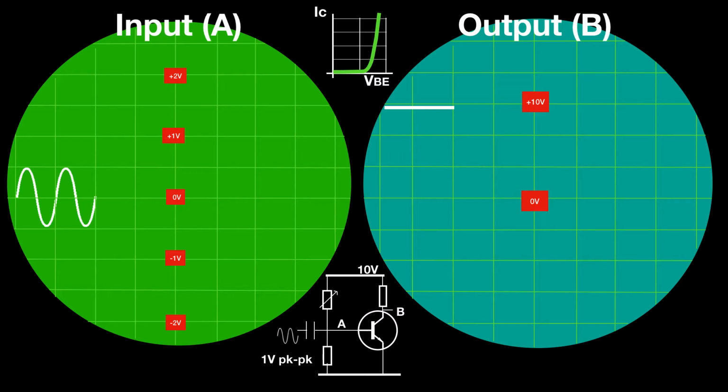If we now increase the voltage at point A to 1 volt, we see on the left-hand oscilloscope screen a voltage going between 0.5 volts and 1.5 volts. In other words, swinging around the 1 volt. But on the output at point B, we're seeing only half a waveform. In fact, slightly more than half a waveform.